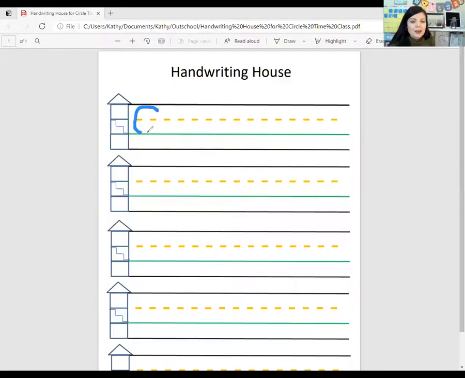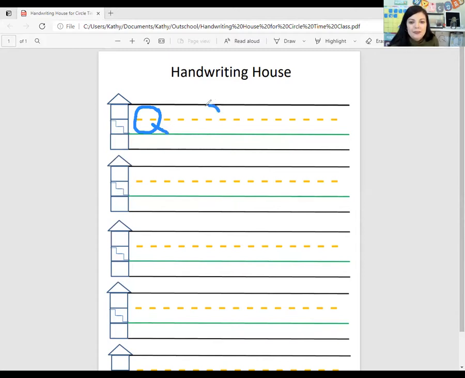So we're going to make an O first. The O is going to be upstairs and downstairs since this is an uppercase letter Q. And then we're going to just make a line right down at the bottom that goes all the way down to the green carpet.